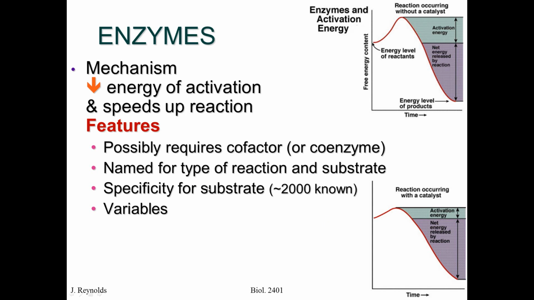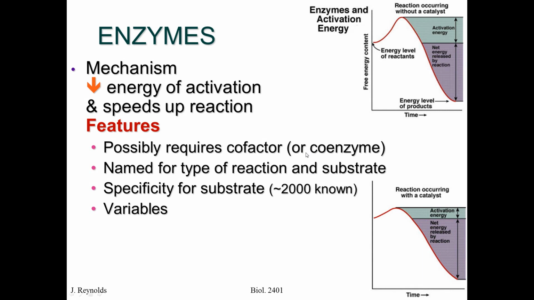So some things I've already mentioned. Substrate. The substrate has a particular enzyme. The enzymes have different names. Usually they end in -ase, like amylase, sucrase. Not always, though. There could be a coenzyme or a cofactor needed.